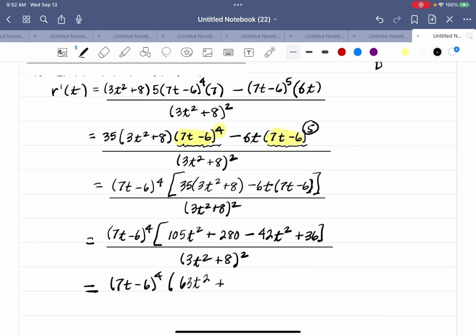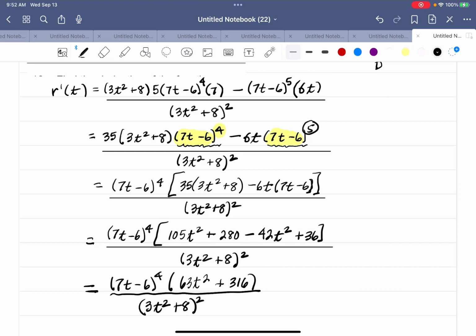And then 280 plus 36 is 316. All of that is over 3t squared plus 8 quantity squared.